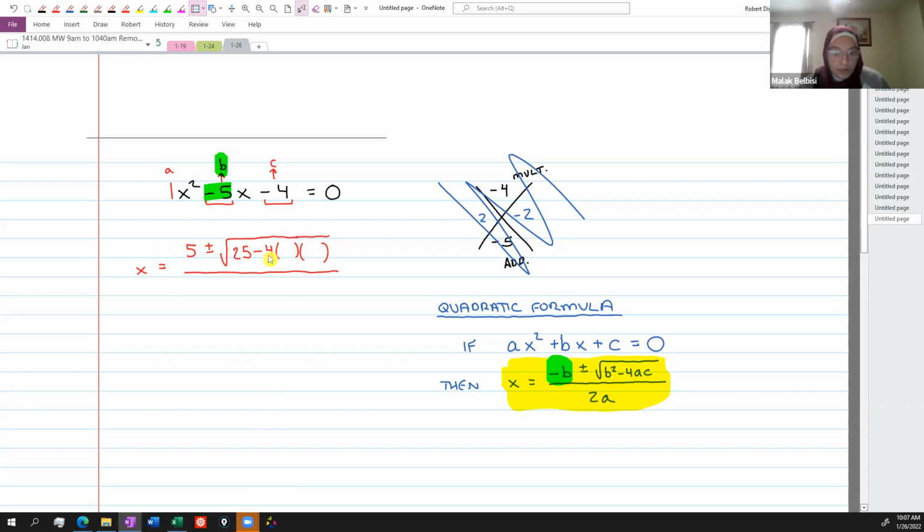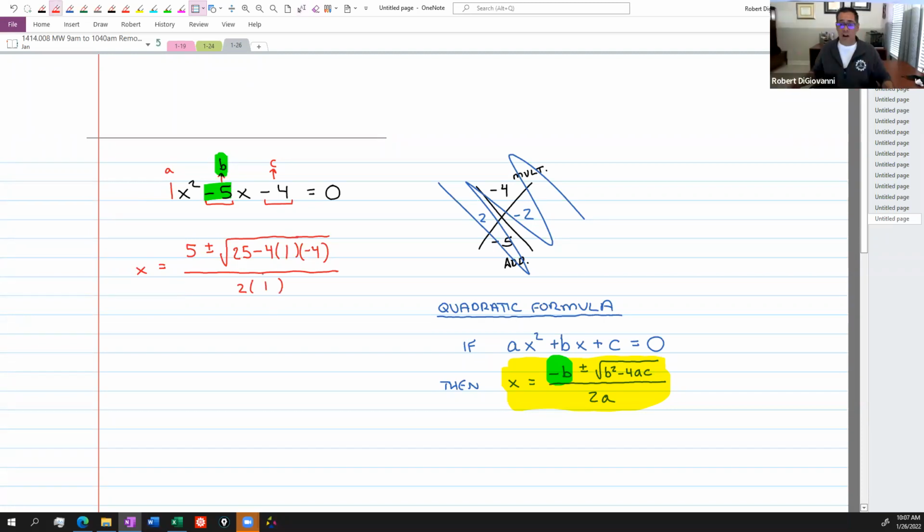Okay, so I have -4 times what? Wouldn't it be the 1 or the x? The 1. It would just be the number, so just 1. And then here would be the c, right? Yes, which would be -4. Then all of this divided by 2 times our a, which is 1. Good. Okay, that's it.